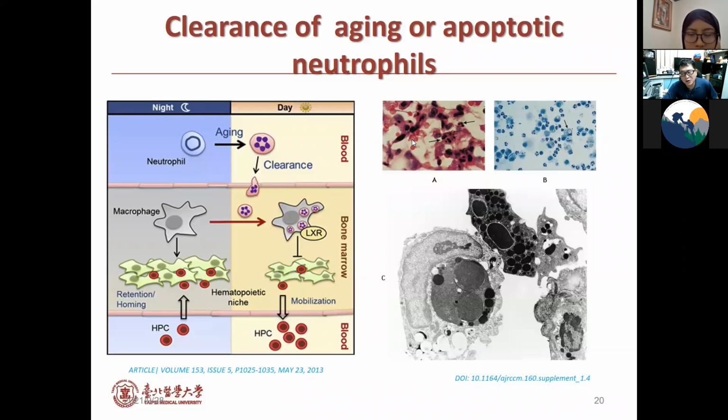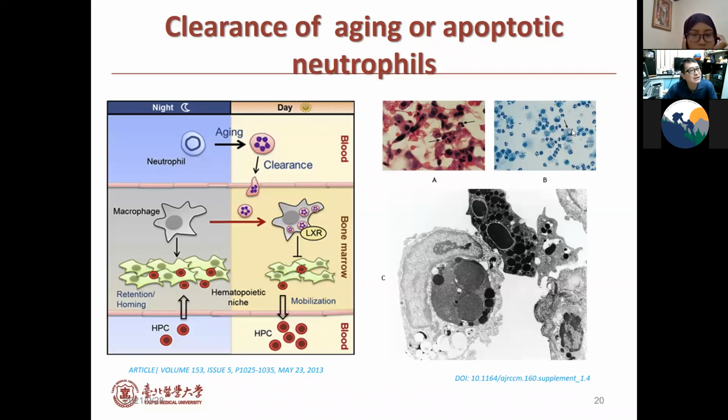Apoptotic cells always have condensed DNA in their nucleus, so with dye staining you can see a lot of dark spots on their nucleus. This picture is derived from an alveolar lavage of the lung.